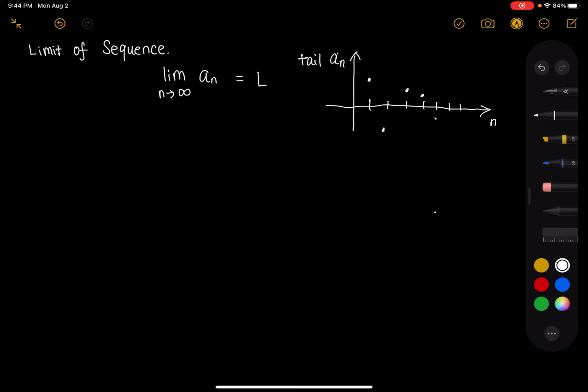It doesn't matter what happened in the finitely many terms in the beginning. We care about what happens as n goes to infinity.